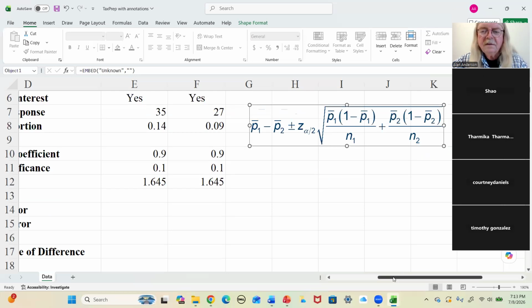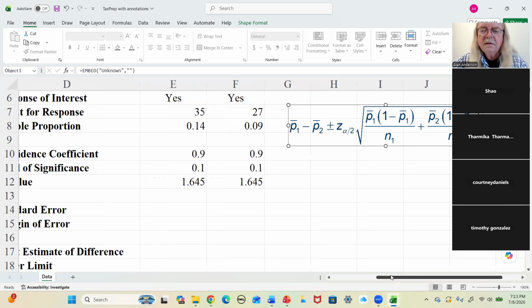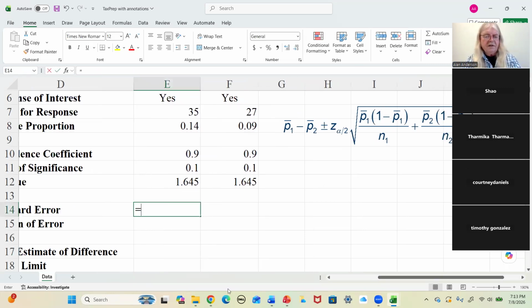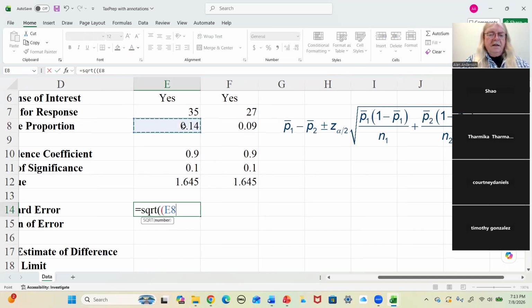Maybe we can do this. So square root is SQRT. We'll need two sets of parentheses, P1 bar times open 1 minus P bar, P1 bar.